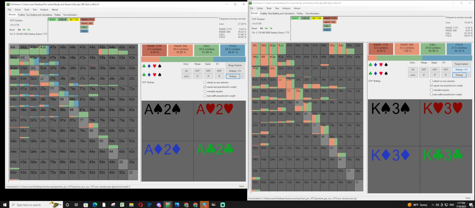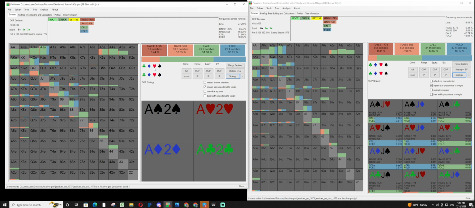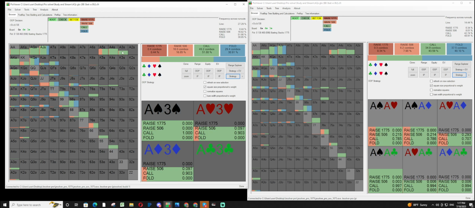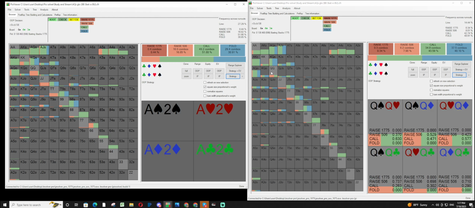And also we check-raise less. That's for sure. We don't want to check-raise hands like, I don't know, let's find out, queens. You check-raise less frequently with queens. What else?